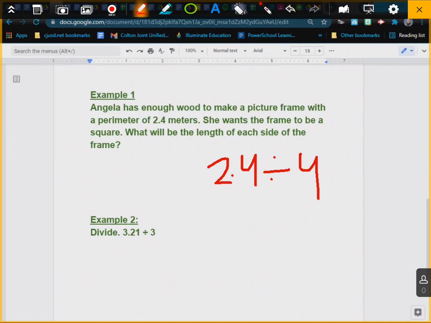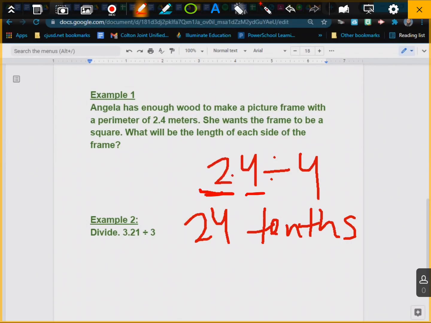So what I need to do is say, okay, how many tenths are there? There's 24 tenths here. That'd be like me saying 24 ones, but since it's in the tenths place, there's 24 tenths, because 10 tenths make one whole.